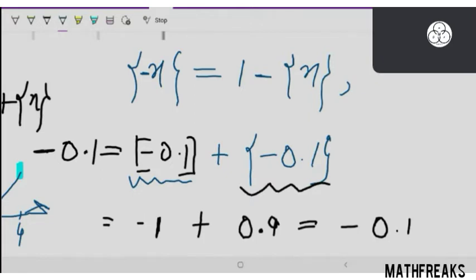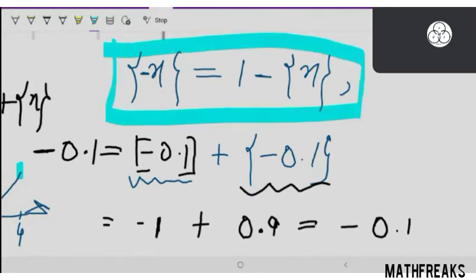Now let's see whether this is working or not. This property, you can see, is an experimental property and it is always true.